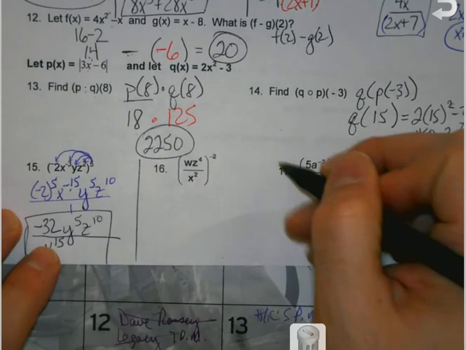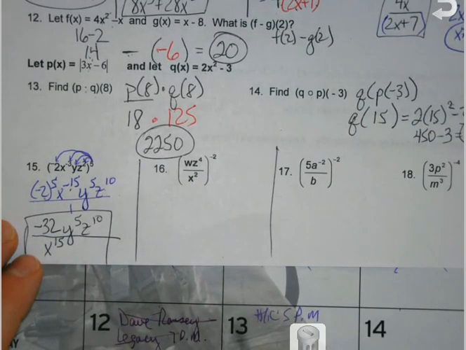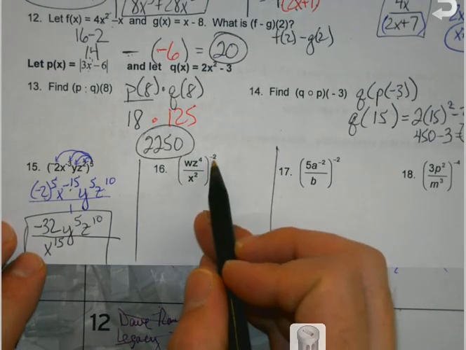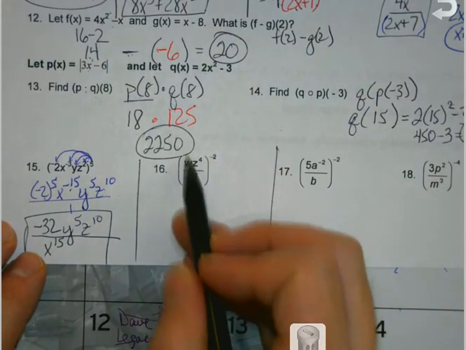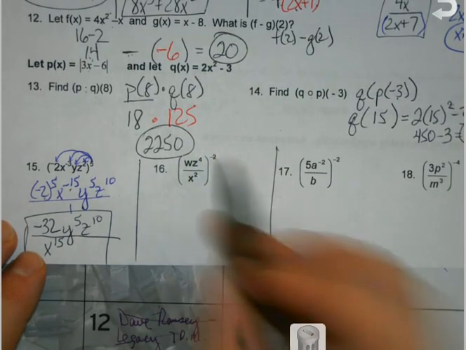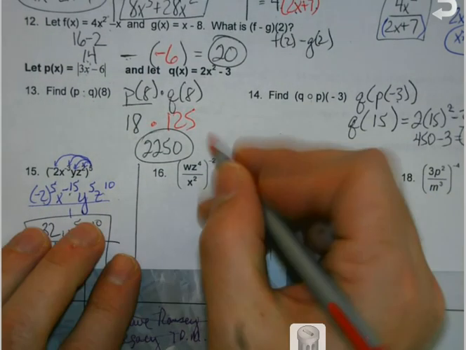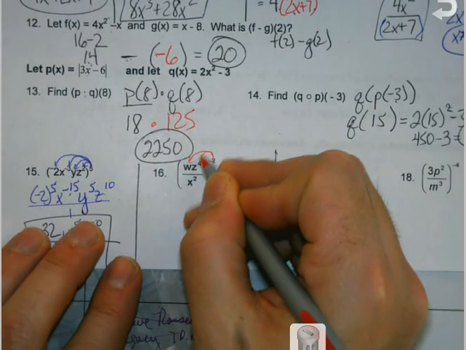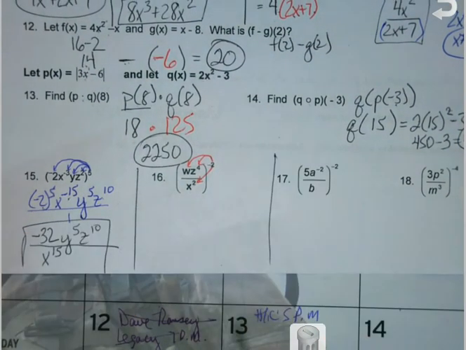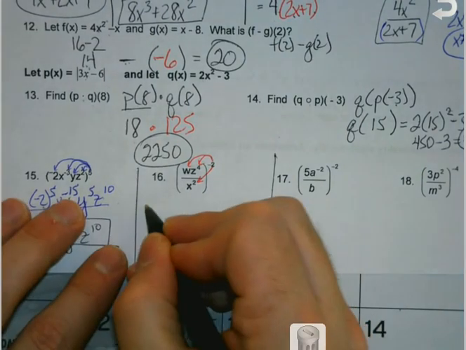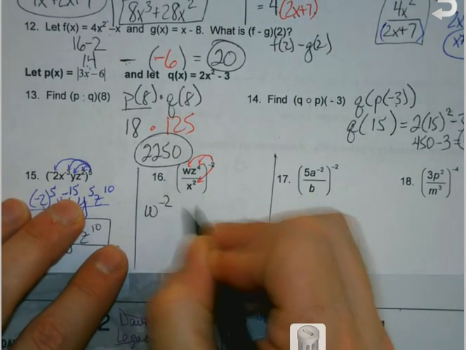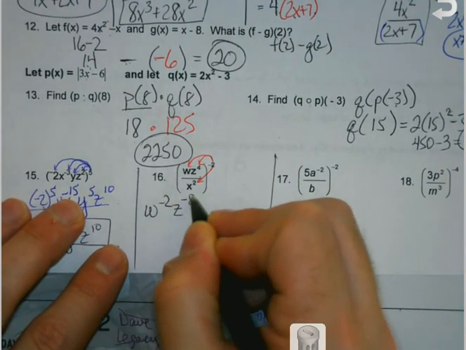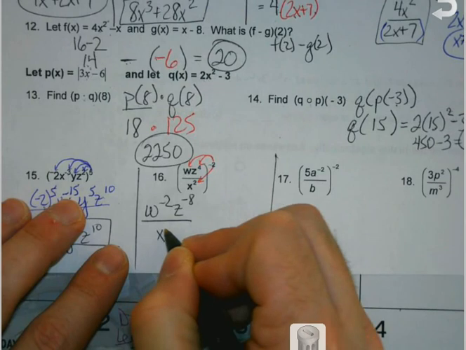So again, it's a patience issue. Number 16 is about 50-50, and I think some of you will do it. Some of you will say, hey, that's a negative exponent, I can just flip this whole fraction and then make it positive. And some of you, that would flip out. So if we just keep to the same game rule that we're going to distribute the exponent through, and then we'll just deal with the negative exponents when we have to.